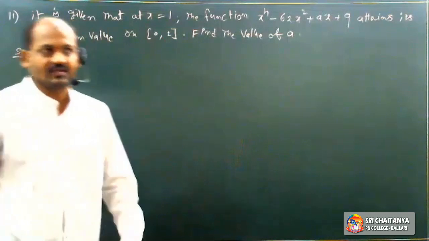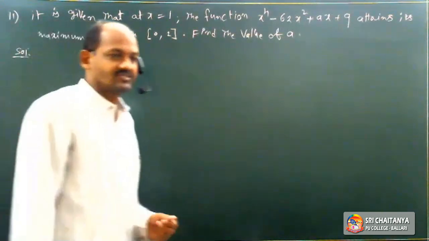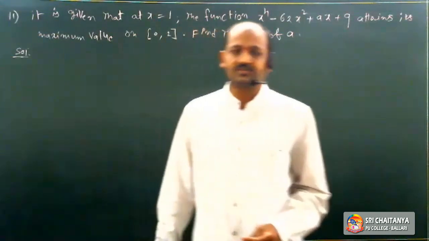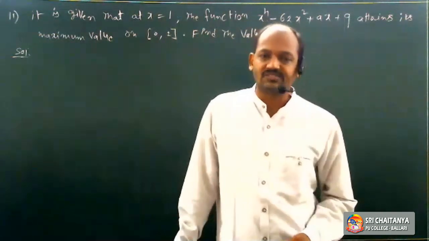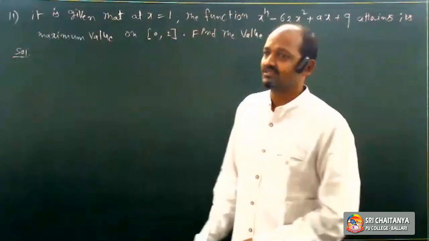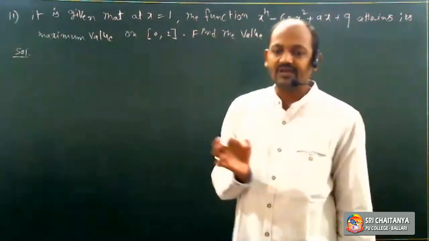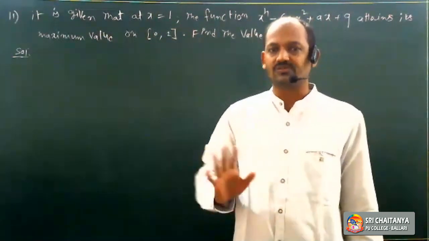Generally, the condition for maximum or minimum is first derivative equal to 0, that means f dash of x is equal to 0. But here x is 1, so clearly f dash of 1 is equal to 0.